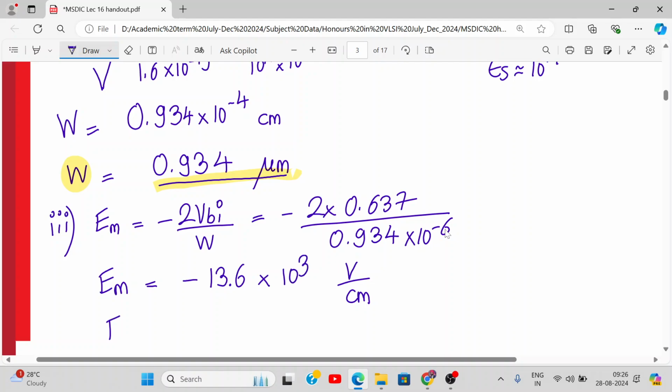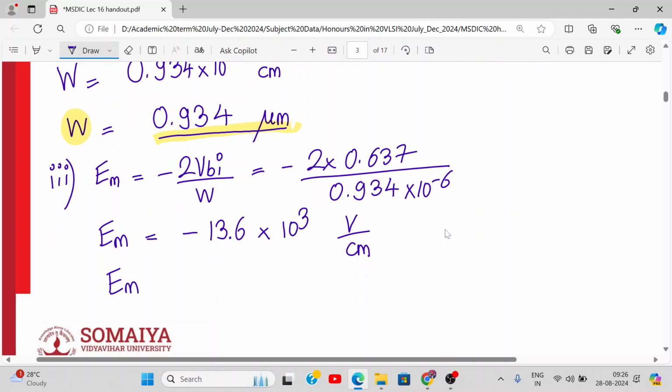So we can write EM is equal to minus 13.6 kilovolt per centimeter. Normally your electric field is that high also. Alright. So this is the peak electric field.